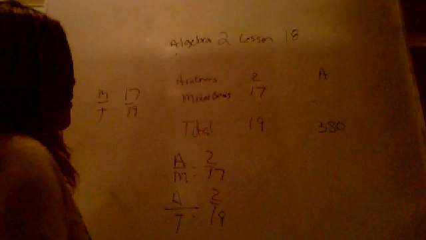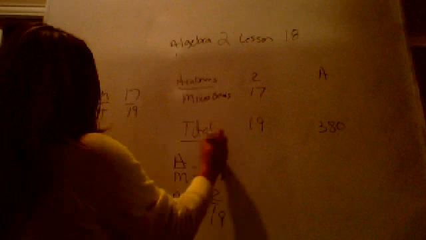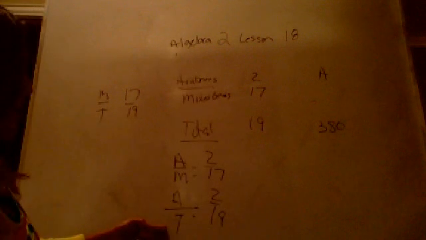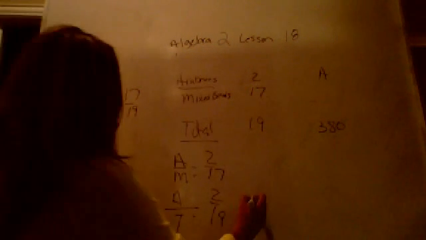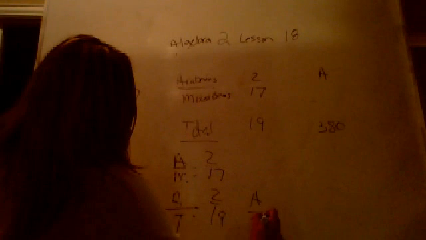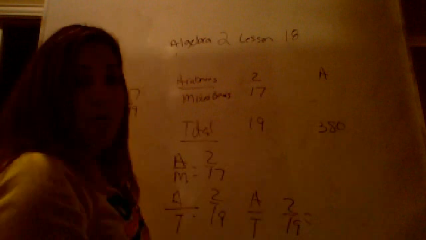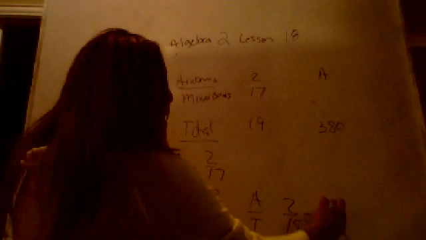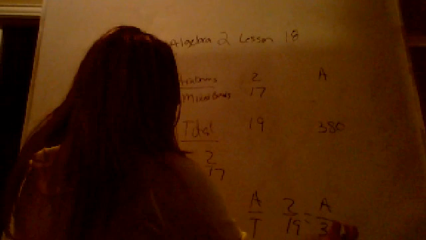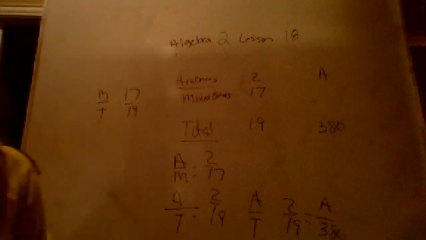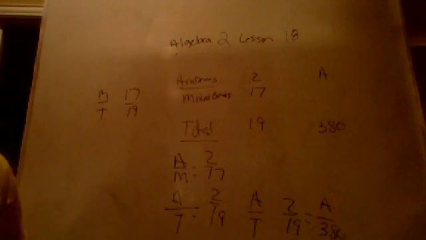So I have Arabians to total. Which one is that? That was this one. Yes? So Arabians to total is what? 2 to 19. I don't know what my Arabian is, so I'm going to put A, but I have a total of 380. I can say that they're proportional.